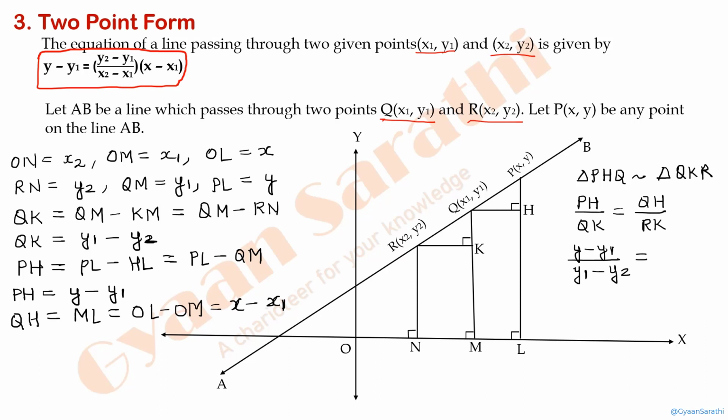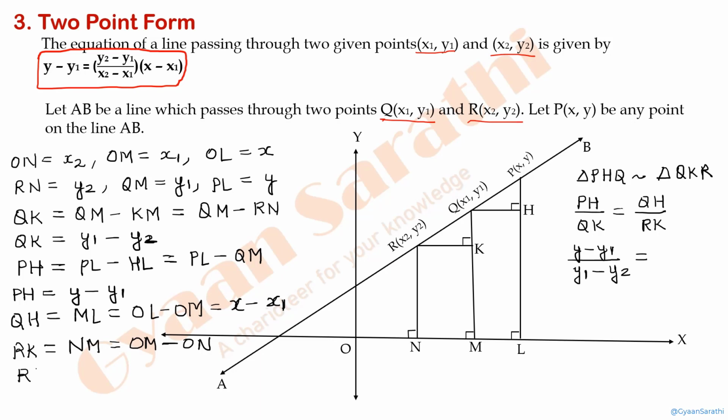And let us try to find RK as well. RK is equal to NM, as you can see from the figure. And this becomes equal to OM minus ON.